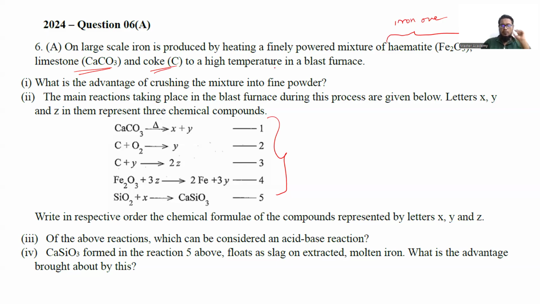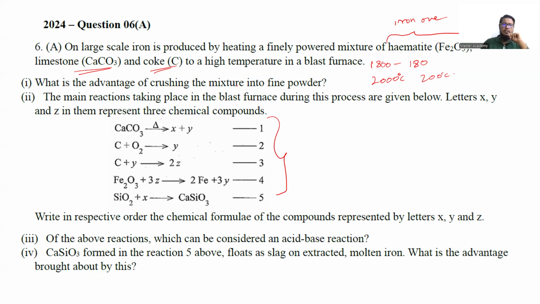Those are the three raw materials: iron ore, which contains hematite, limestone, and coke, which is pure carbon. At high temperature, about 1800 to 2000 degrees Celsius. Normally we say 2000 degrees Celsius, that's easy for us to keep in mind.